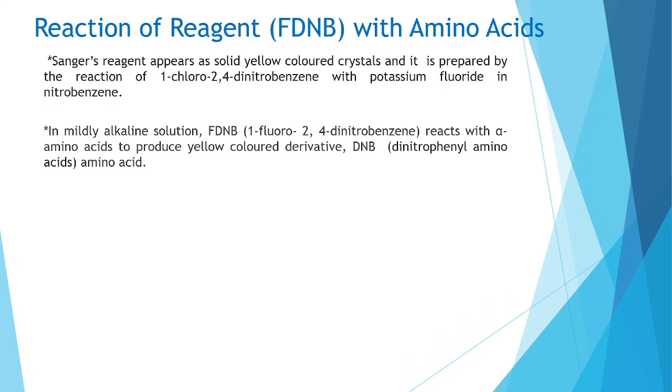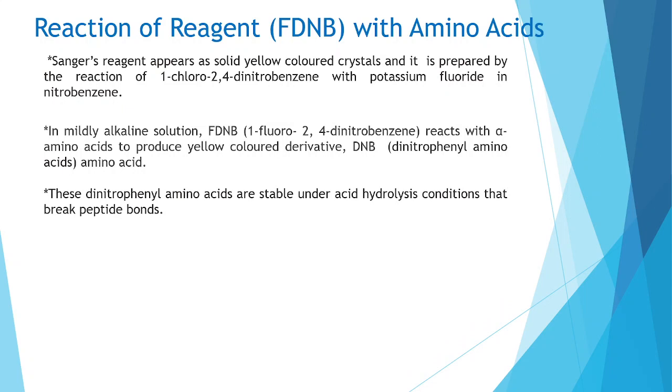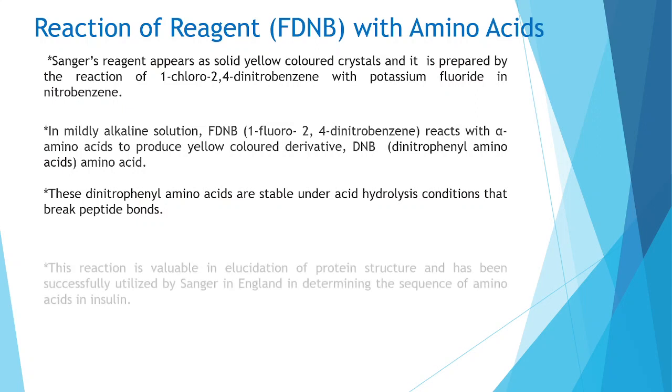In mildly alkaline solution, the reagent reacts with alpha amino acids to produce yellow colored derivatives, which are DNP, that is dinitrophenyl amino acids. These dinitrophenyl amino acids are stable under acid hydrolysis conditions that break peptide bonds.